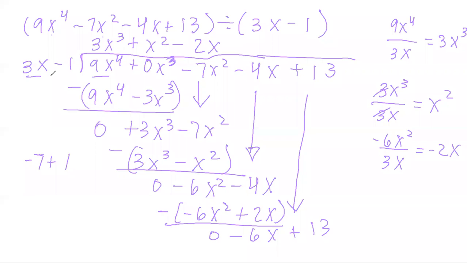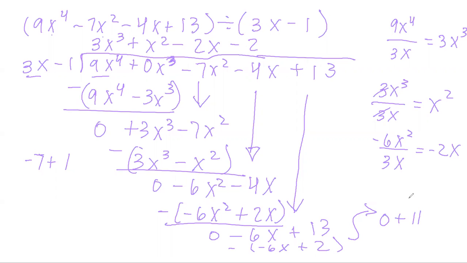So what do I multiply 3x by to get to negative 6x? That's just going to be negative 2. So multiply that, so it's minus negative 6x plus 2. So I ran out of room here, but I get 0, 13 minus 2, which is 11.